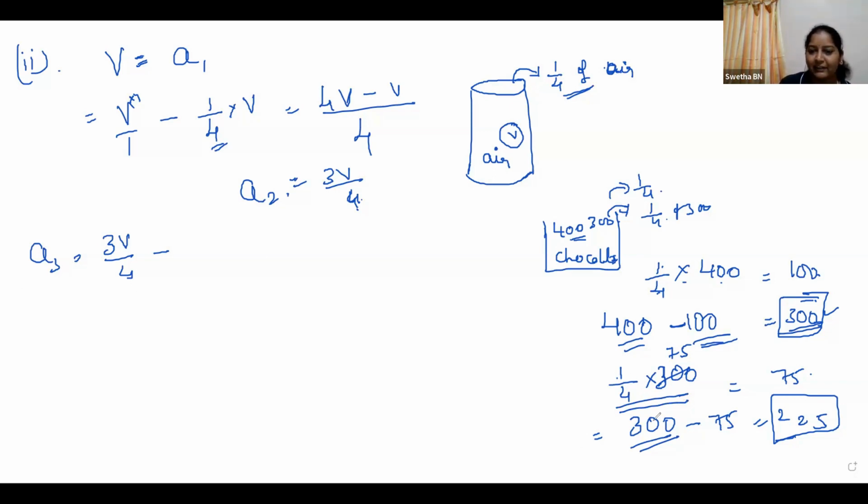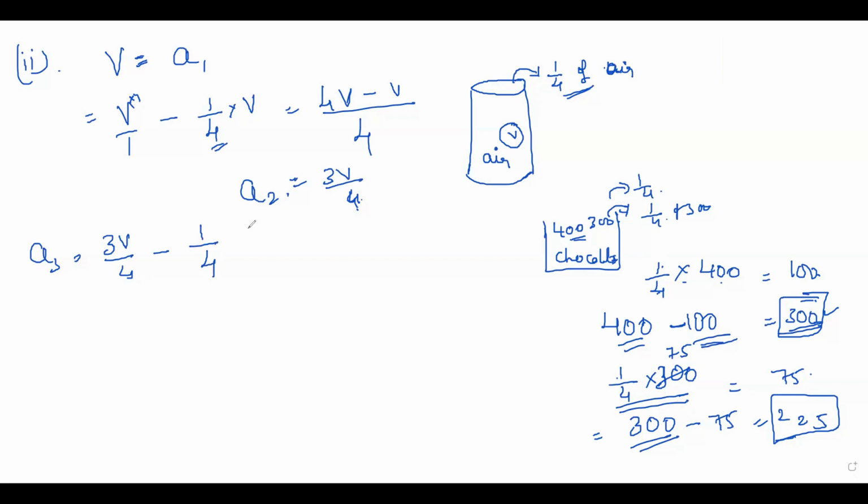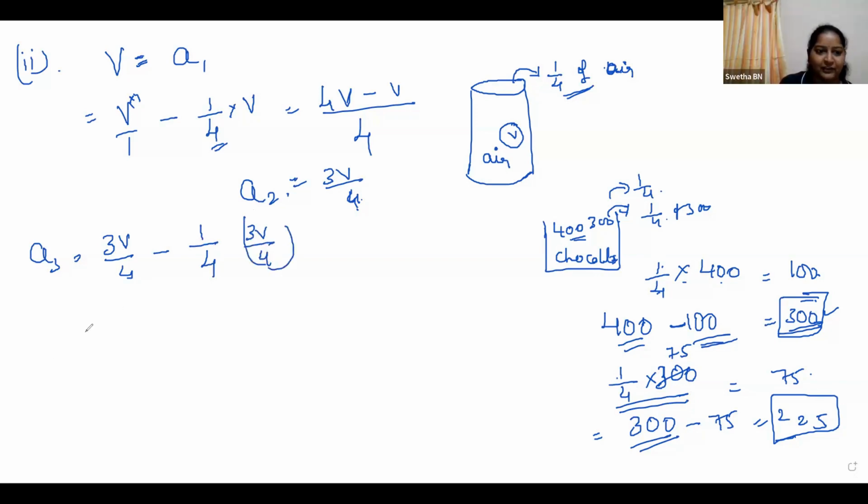Same thing what you have written, same thing you will write here. 1/4 of what? 1/4 of 3V by 4. Very good. So that is equal to 3V by 4 minus 3V by 16.